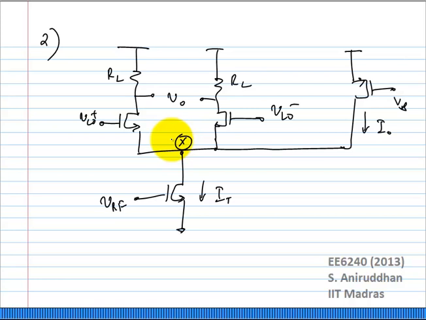What about the LO devices? What decides the current through the LO devices? In the earlier case they were just IT by 2 each, now they seem to be much smaller. Is there a problem with reducing the current through the devices?